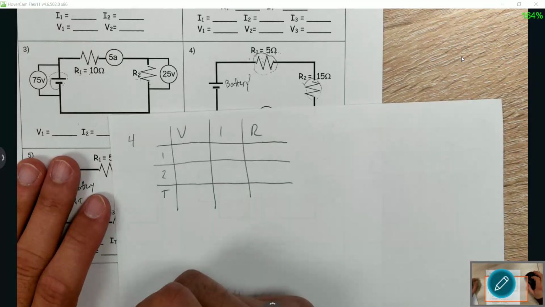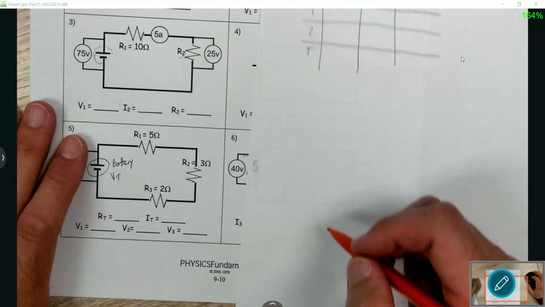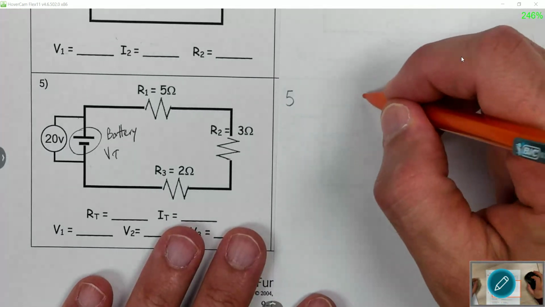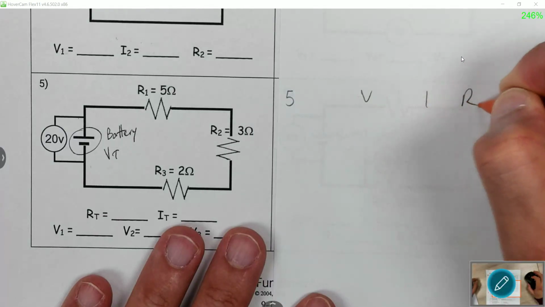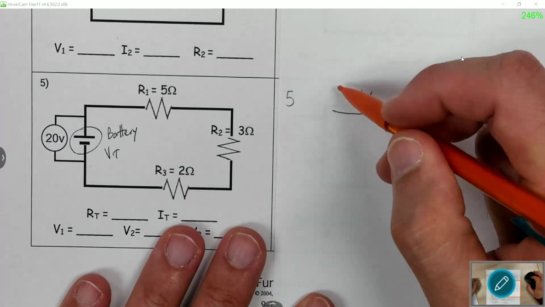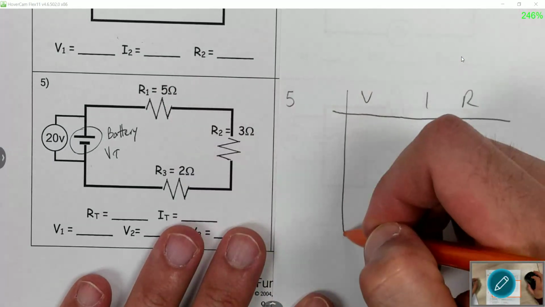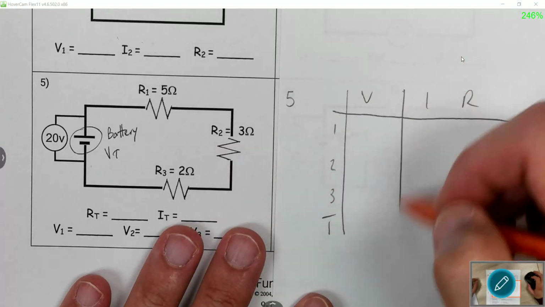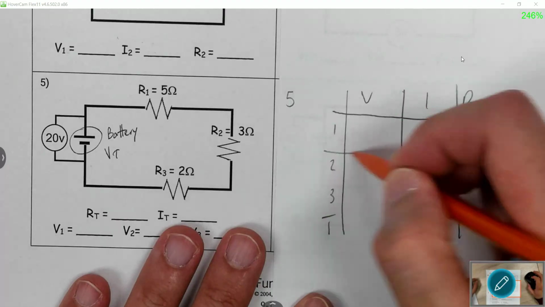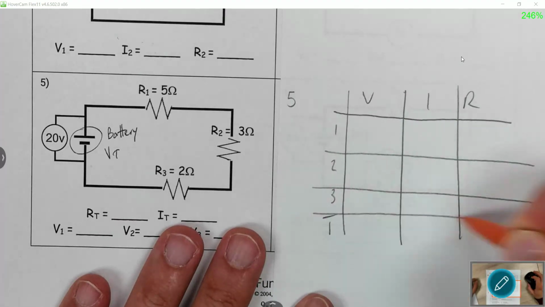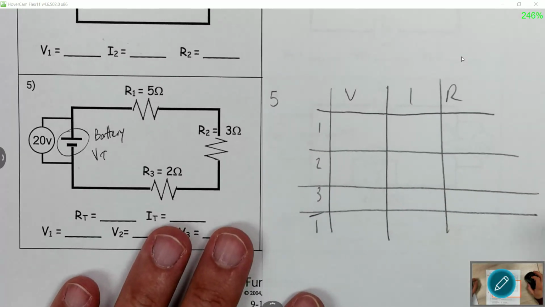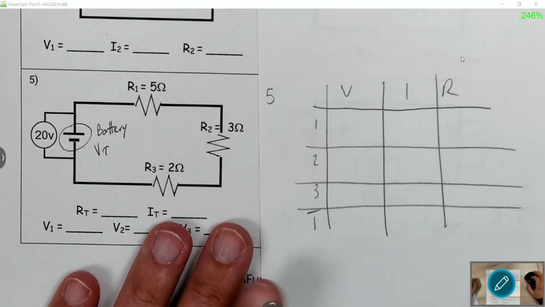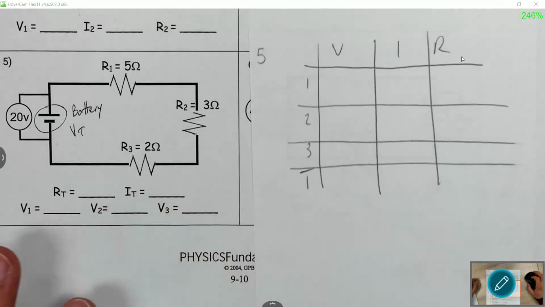Then 5, V, I, and R. We have 1, 2, and 3, so we're going to make a quick 1, 2, 3, and then T. And then 6, which is what we're going to do as our last example, and you guys are going to finish those out.